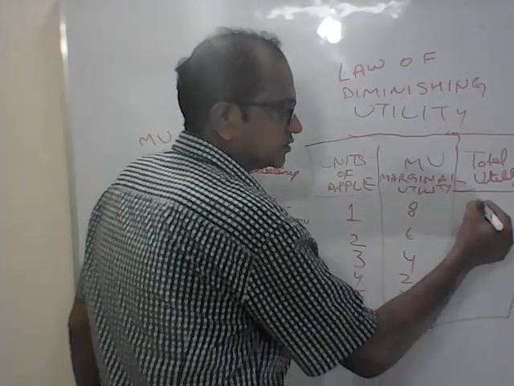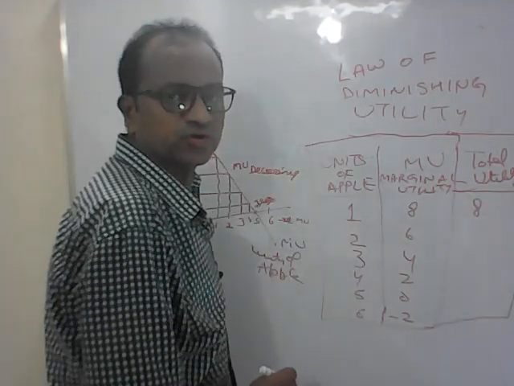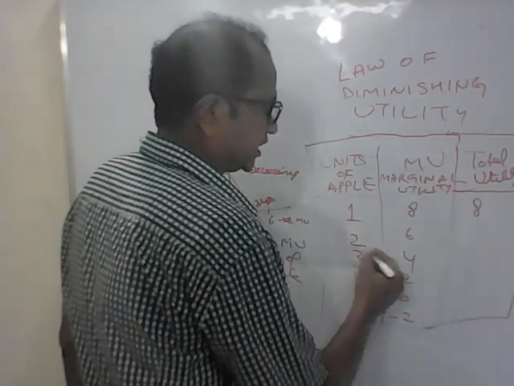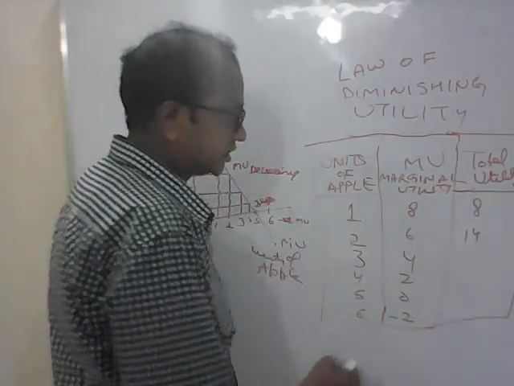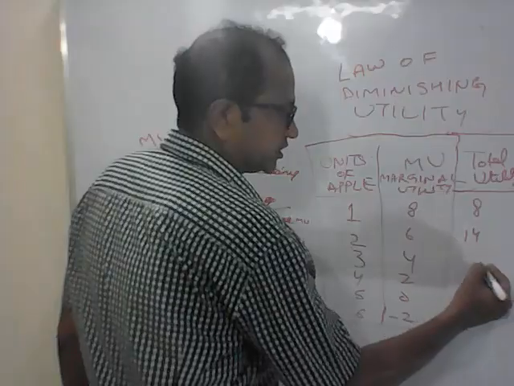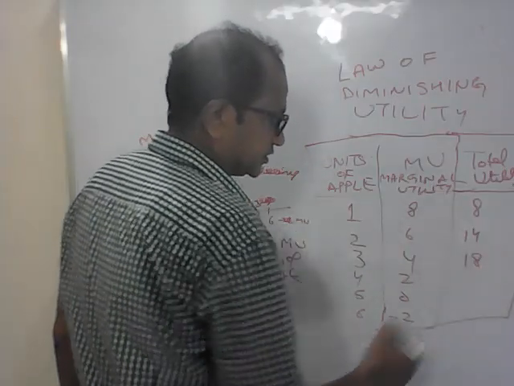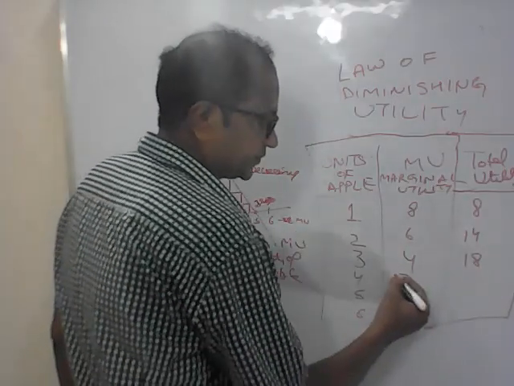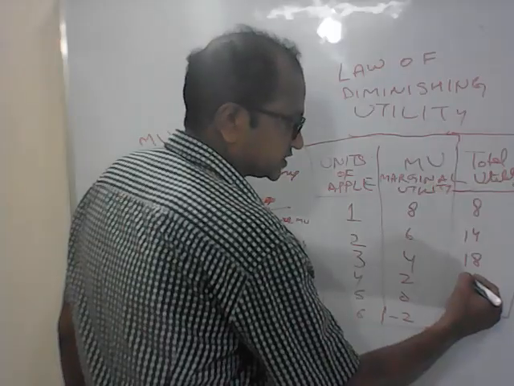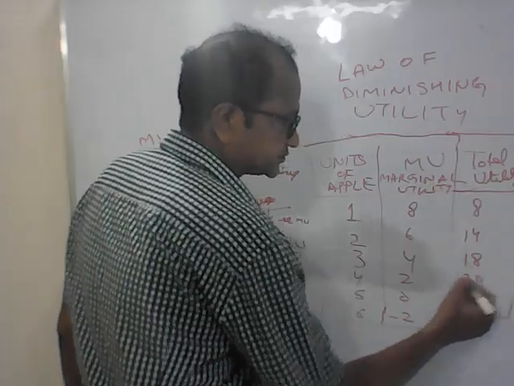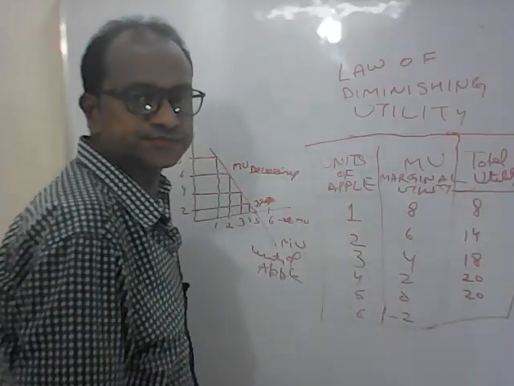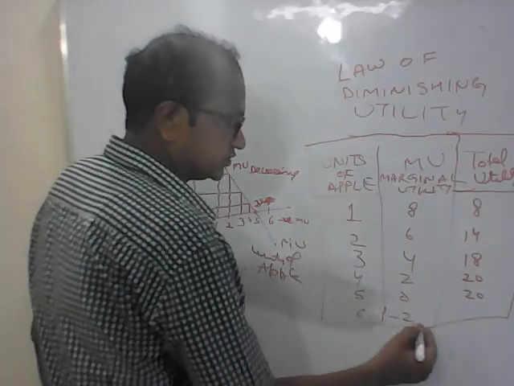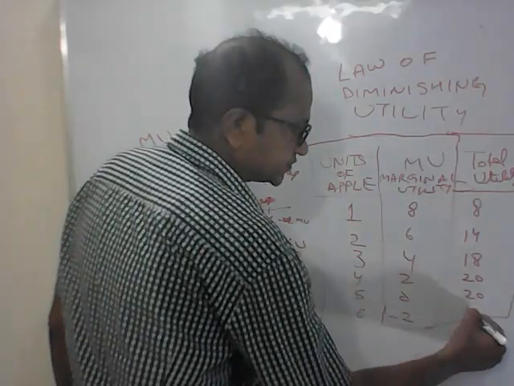On the first consumption of apple, total utility becomes 8, and on the second unit of apple it becomes 14. Afterwards on the third unit it becomes 18, whereas on the fourth unit he is getting total satisfaction of 20, and on the fifth unit again it is 20, whereas on the sixth unit it becomes 18 only.